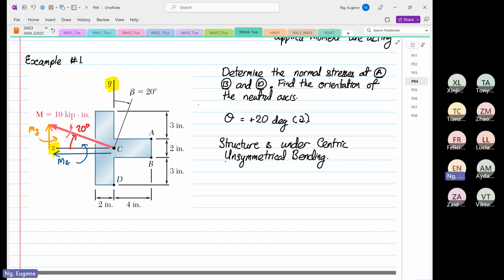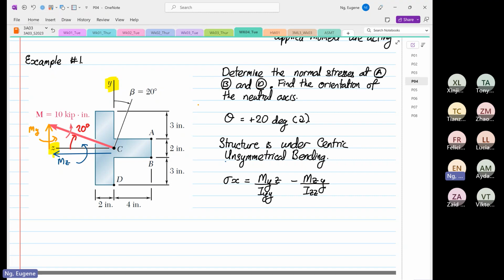Okay, we are aware of that, right? So the formula we're going to use is stress in the x direction is equal to My over Iyy multiplied by z minus Mz over Izz multiplied by y.